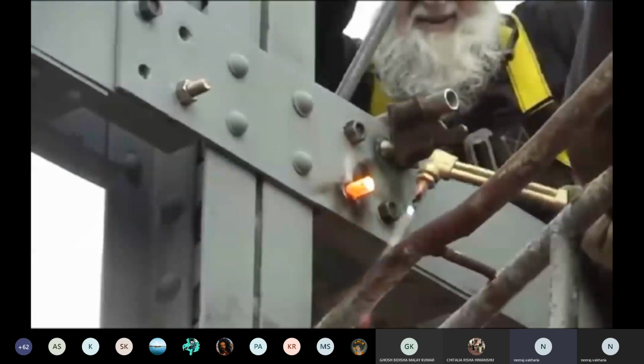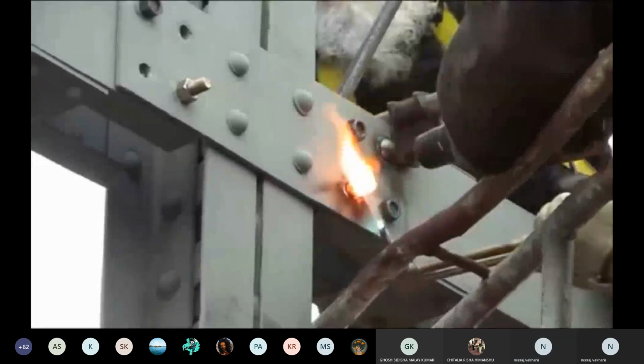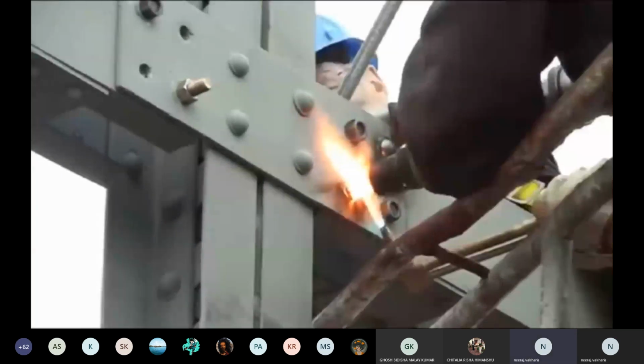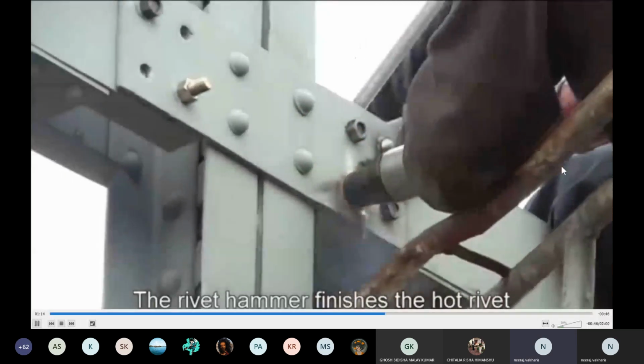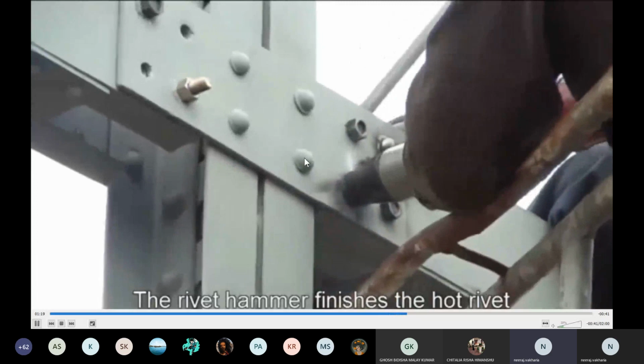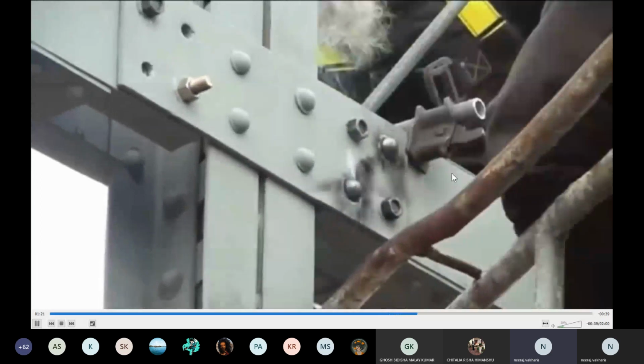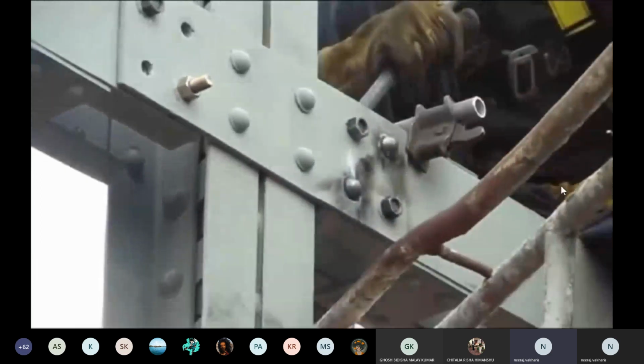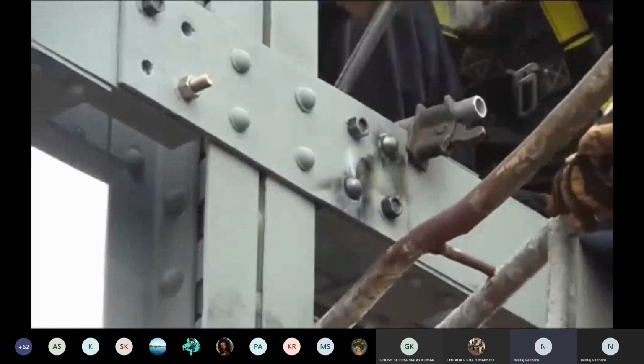See the flat head of the rivet, and then they use this mechanical hammer to give the shape to the rivet, and then they let it cool off.